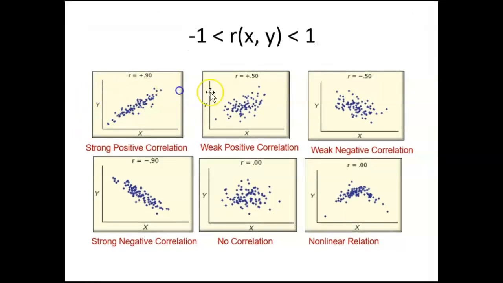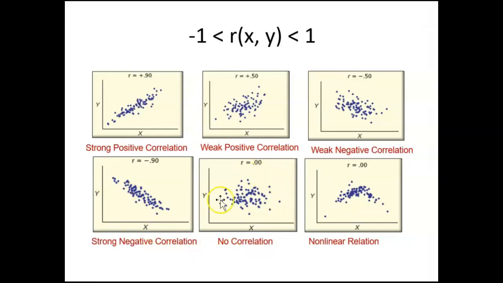As the correlation falls, this one is 0.5, the dots are further apart, but you can still see that they are upward sloping. And the mirror image of the weak positive correlation is displayed to its right. There's a weak negative correlation, and then below the strong positive correlation is a strong negative correlation.